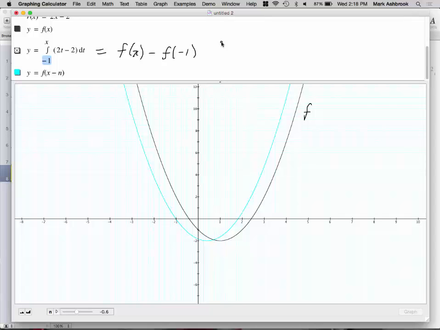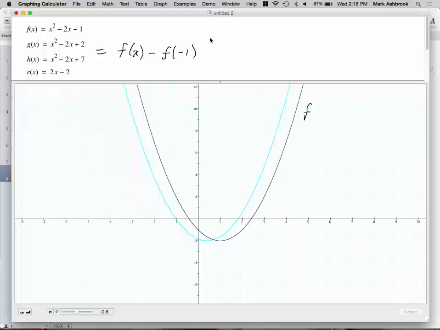So is that going to move my f function left or right? This is f, right? So this accumulation function is basically f minus f of -1. What is f of -1? 1 plus 2 minus 1, is it 3?